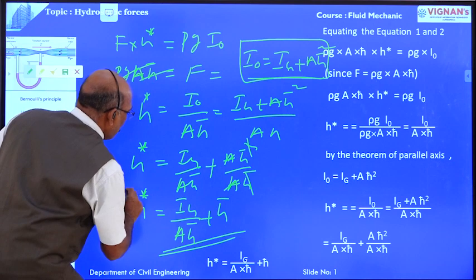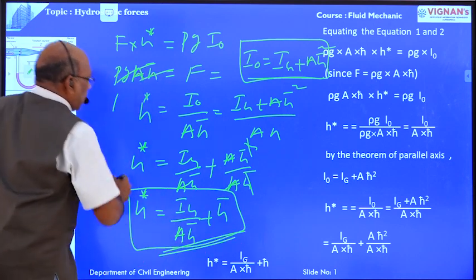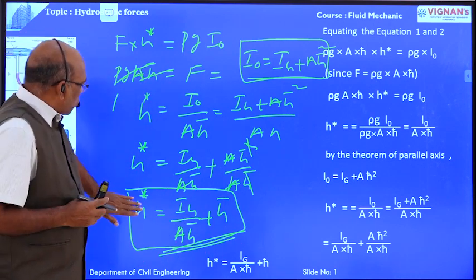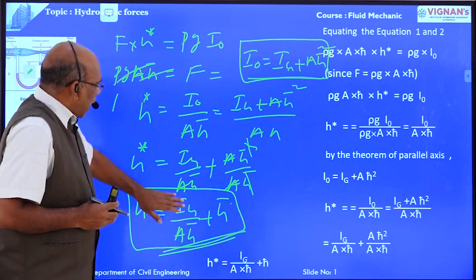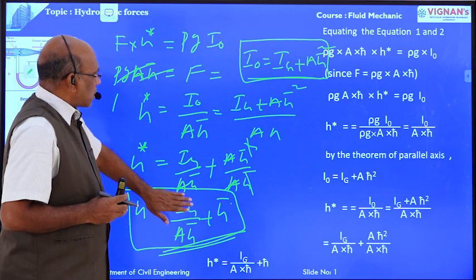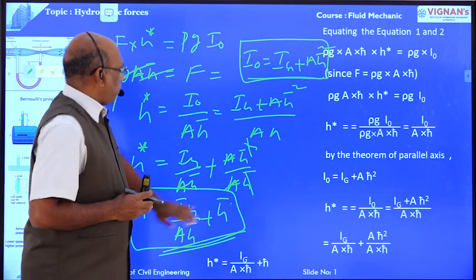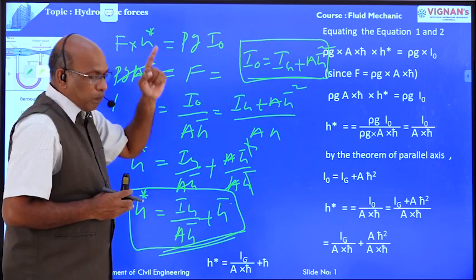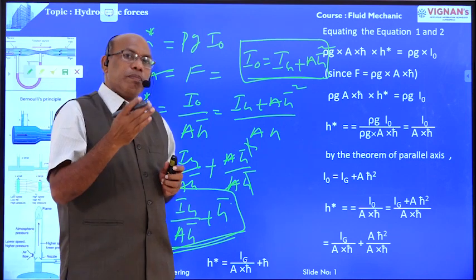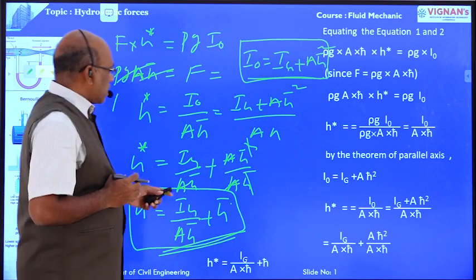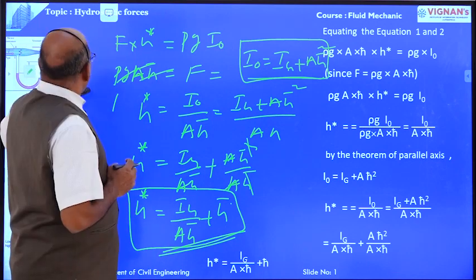This is the formula for the determination of the center of pressure, where Ig is the moment of inertia about the CG, h bar is the distance between the centroid of the plane surface and the free surface, and a is the surface area of the vertically immersed body.